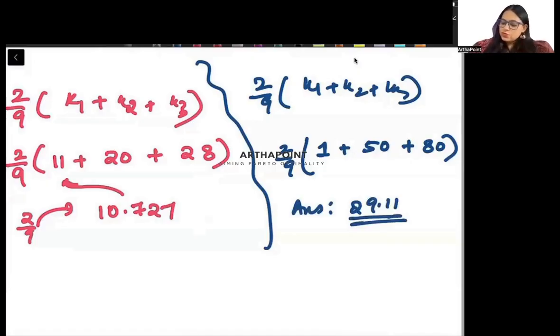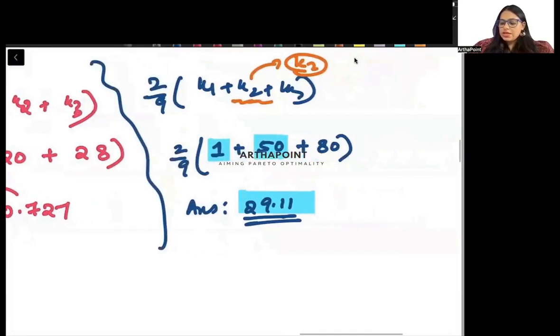Now in this case, if you notice, the gap between 29.11 and 1 is 28.11. And the gap between 50 and 29.11 is 20.11. So in this case, we can say that k2, which is the second person, is the closest and he will win. Do you understand the point?